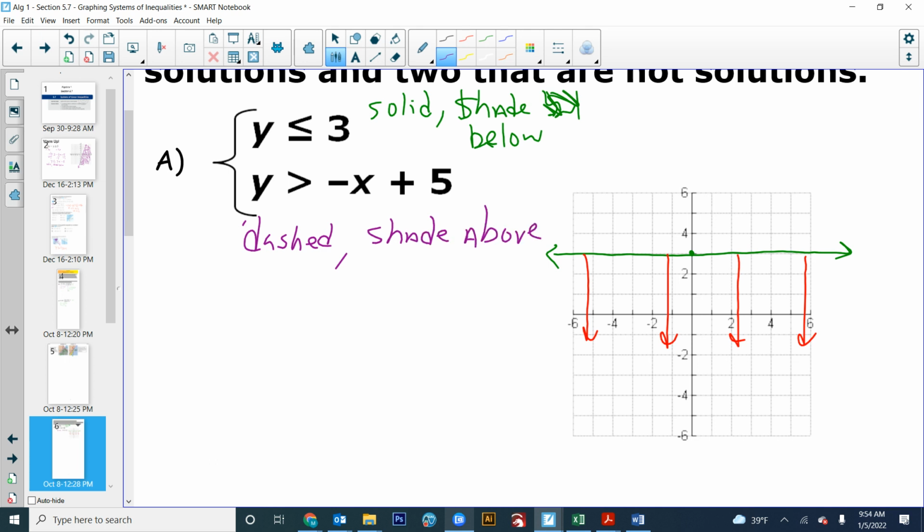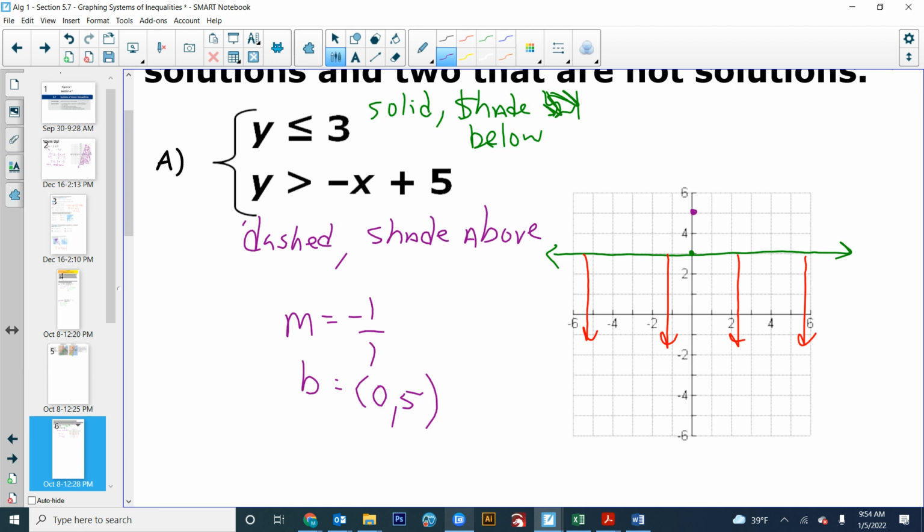Shade above. Okay, what's my slope? What's my y-intercept? 5 or 0. Go to 0, 5.